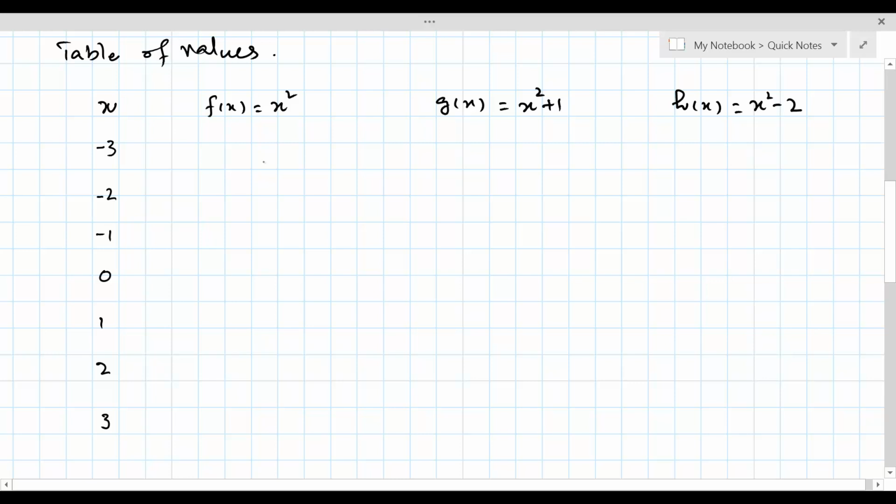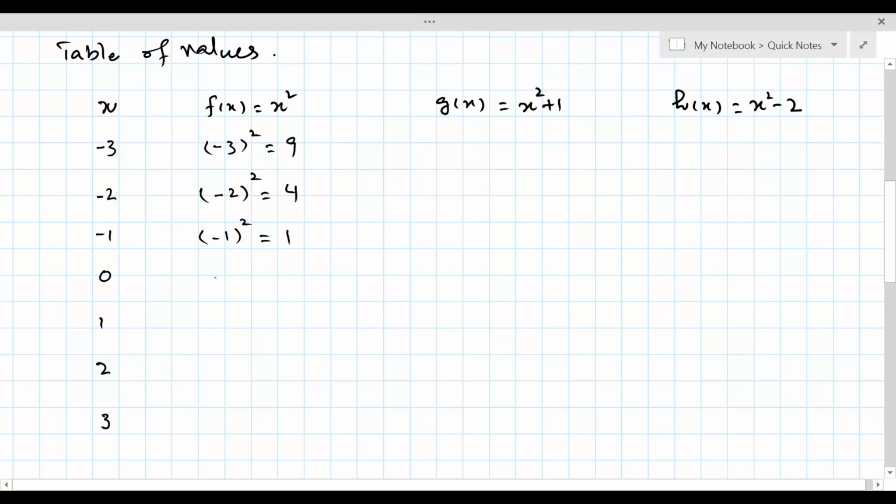So f of x is a rule which simply transforms x to y in such a way that each value gets squared. So this is -3 square equal to 9. This is -2 square equal to 4. This is -1 square equal to 1.